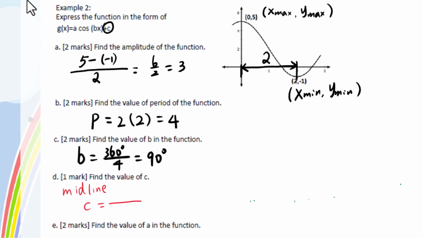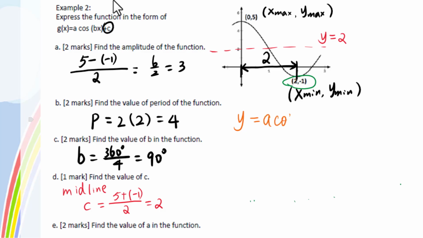Y maximum is 5 plus Y minimum is -1 over 2 equals 2. So midline of the function is y equals 2. Let's go to E. Find the value of A in the function. So far, we already figured out B and C. Y equals A cosine 90 degree times x plus 2.